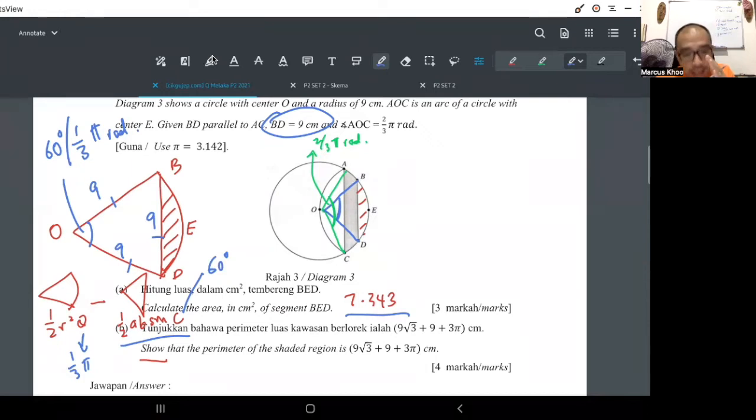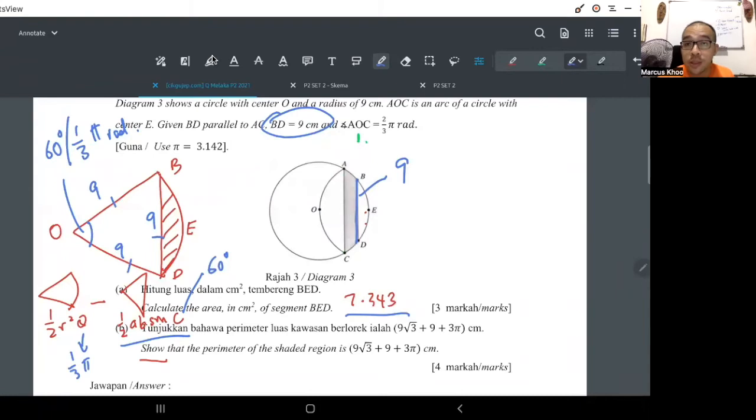Now the second one is slightly trickier. I'm going to rub this all off. The second one is slightly trickier, only slightly. It asks you to show that the perimeter of the shaded region is a very weird and long expression. Now we know that this is 9. So this is so far all we know.